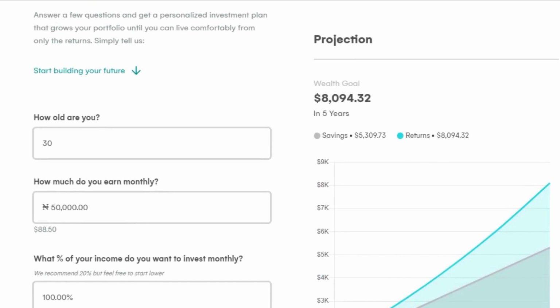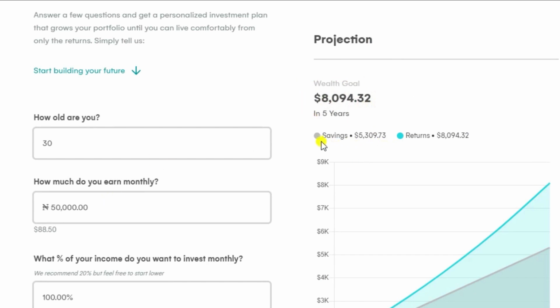In 5 years' time, they will calculate your total investment and your total return. So this is the total investment and the total return, which is $8,094.32. This is what you're getting after 5 years with this investment.